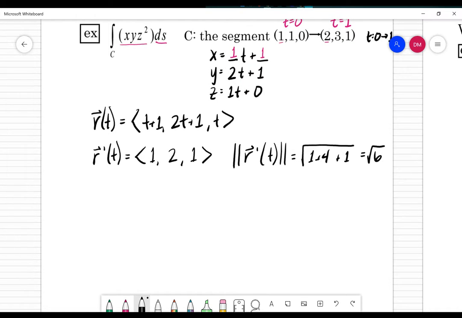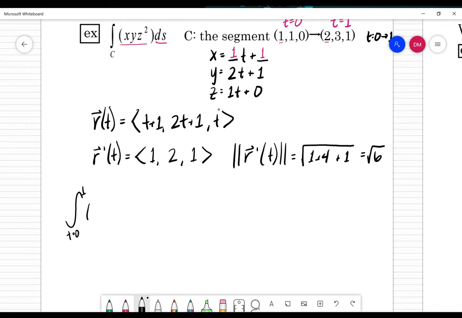When we go to plug that in, we are just going to do the setup. Again, like in class, I trust that you can do the integration, so we'll just focus on the setup here. If I'm calculating the line integral, we define t going from 0 to 1. We convert our integrand, xyz squared, using our parametric equations.